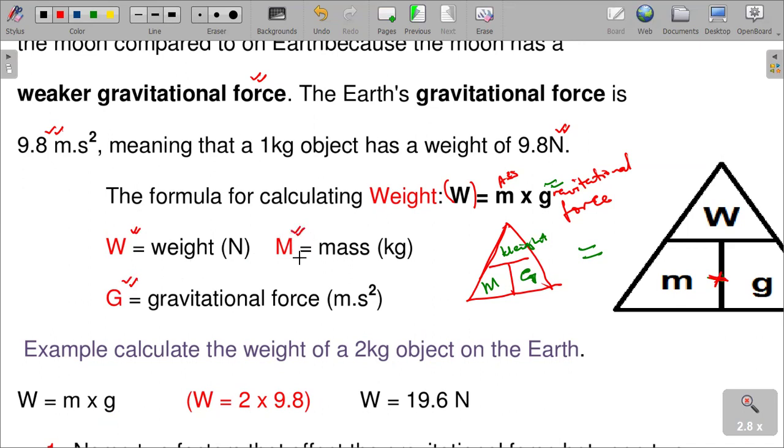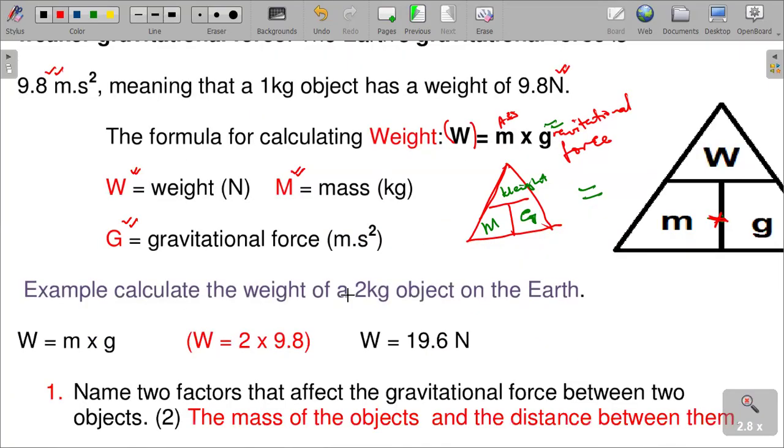So in this case, class, check here. If you want to calculate mass, we just cover the one that we want to calculate.